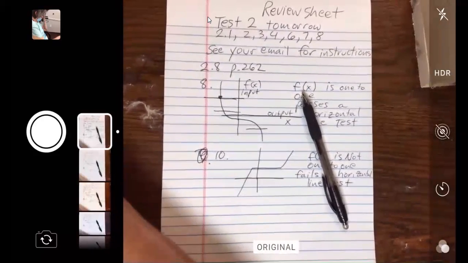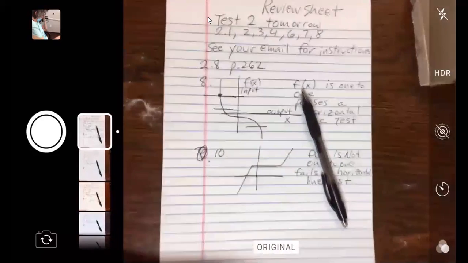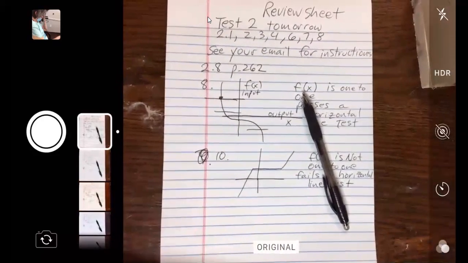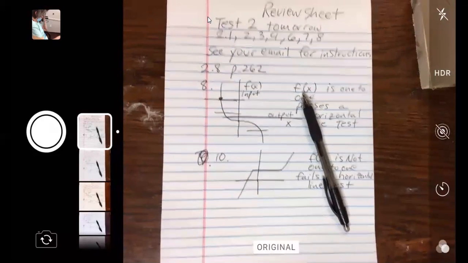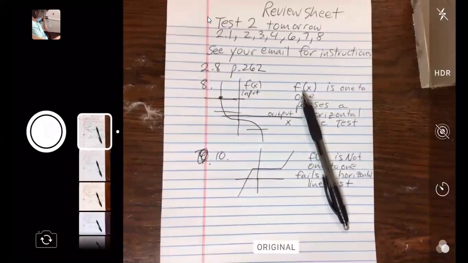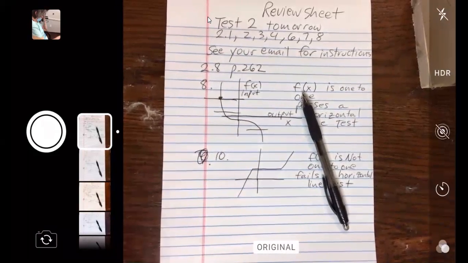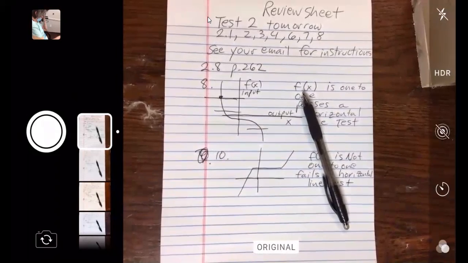Oh, yes, I have a lot of questions, actually. I printed out the review, and some of the questions I thought I did right, but then the answer was kind of confusing. Yes, number 13 on the review.